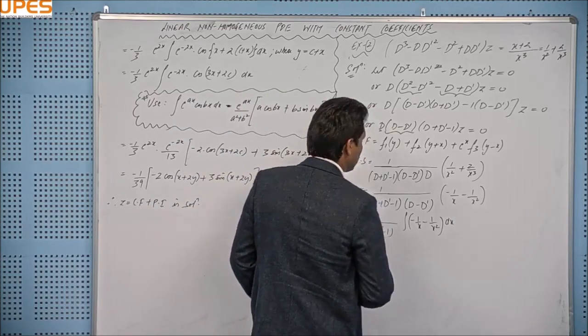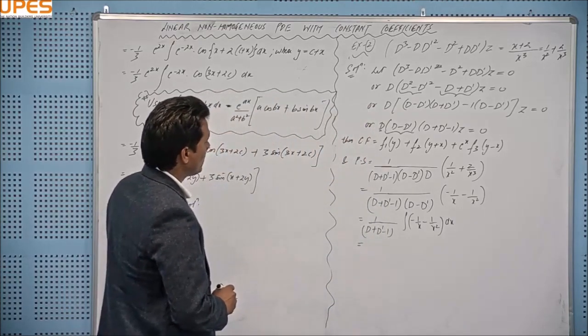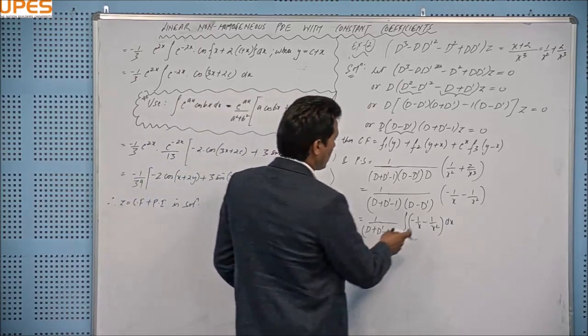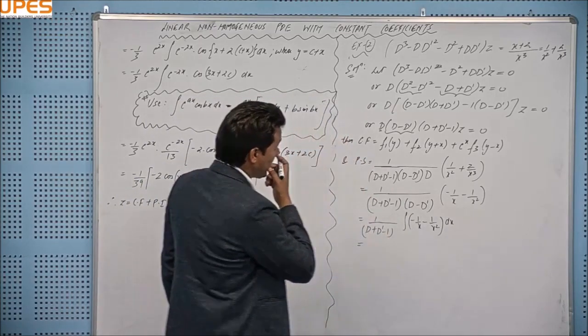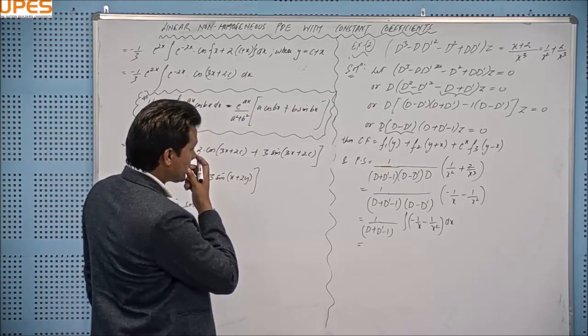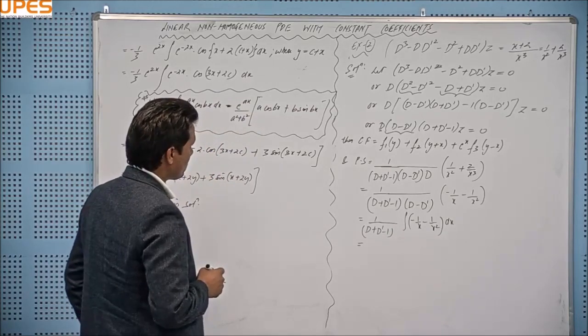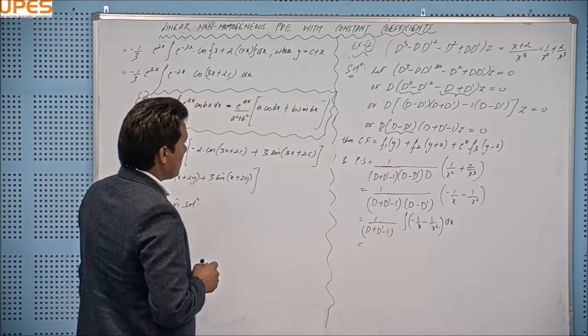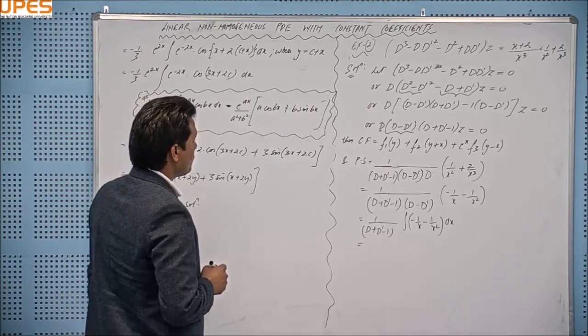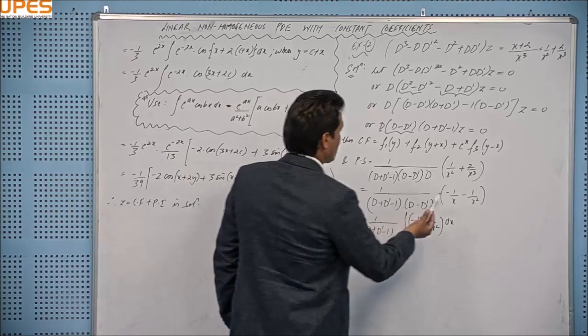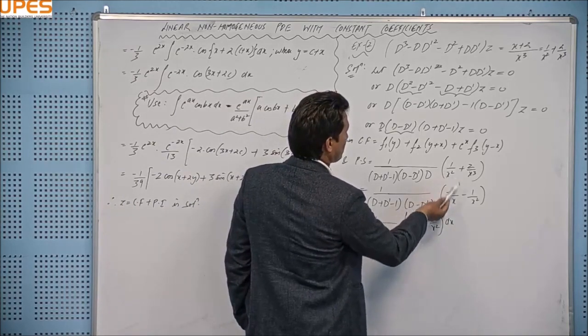Then I think integration of this will become log x, and that will appear in the calculation. Then integration of this will be minus 1 upon x square.